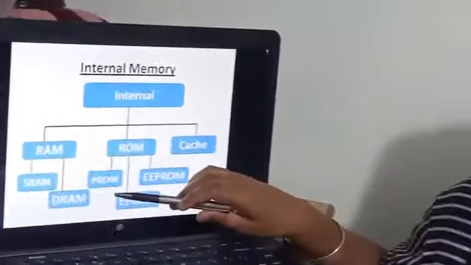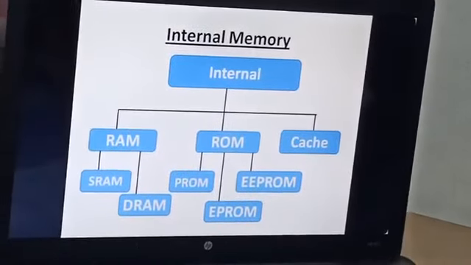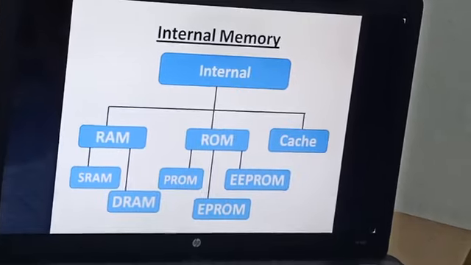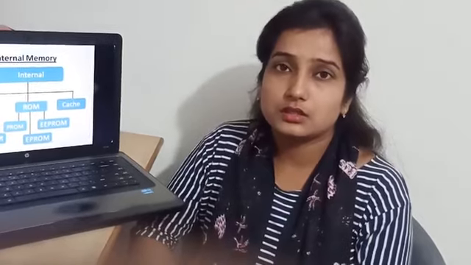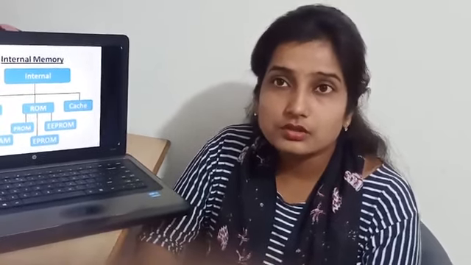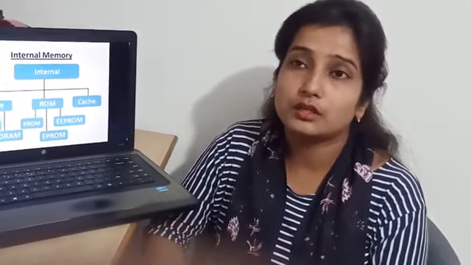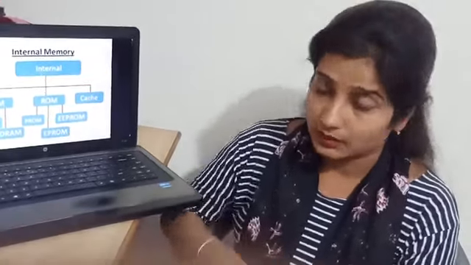So the first one is PROM. PROM was the memory which was programmed. Actually, the PROM is a kind of memory which was programmed by the manufacturer, but there was a disadvantage, or there was a demerit of PROM, that the user or the manufacturer cannot remove those instructions or cannot reprogram that memory.